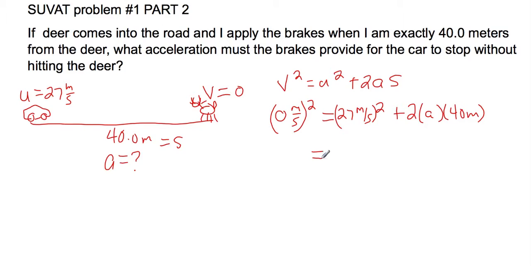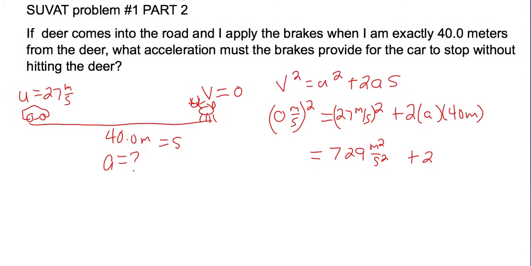So just kind of plugging in our numbers and getting stuff out, this comes out to be 729 meters squared per second squared plus, not 2, I want to make that 80. 2 times 40 is 80 meters times A. And this becomes 0 meters squared per second squared.